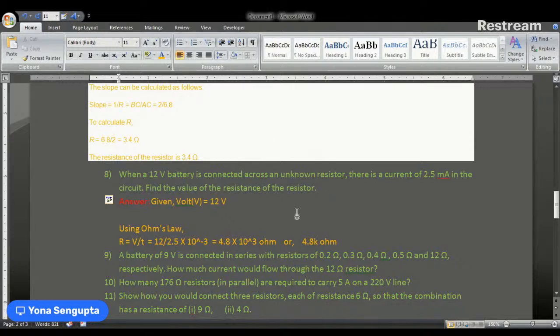Next is what is given is the, sorry, I have written it wrong here.